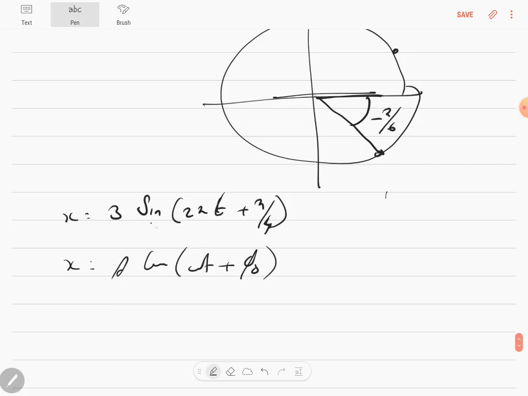So to convert the sine, you have to write it in terms of cos. Normally you put 90 plus, but there's no negative sign here. If you put 90 plus, you will get a negative sign. So you can't put a 90 plus, so probably you have to think of something else.